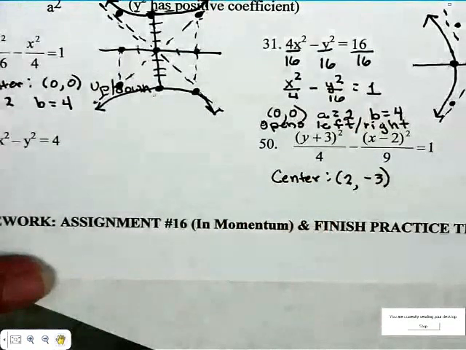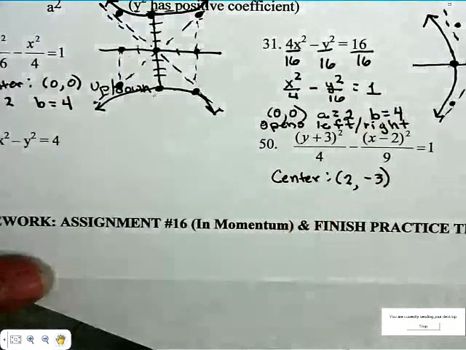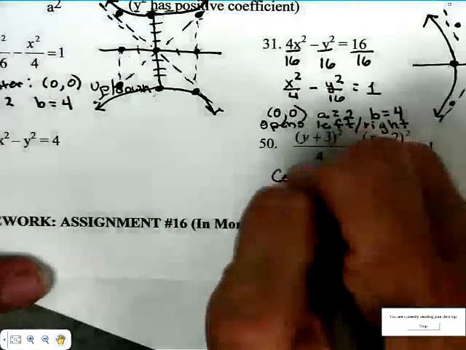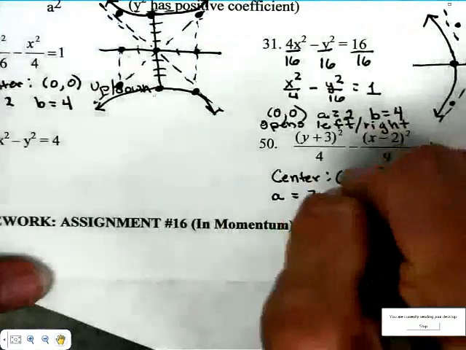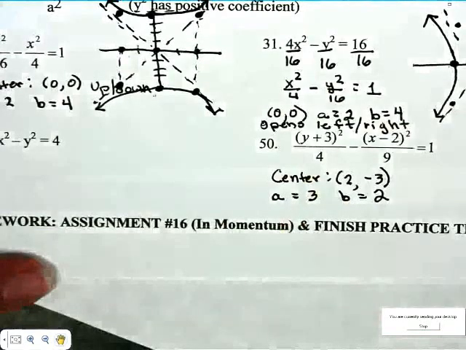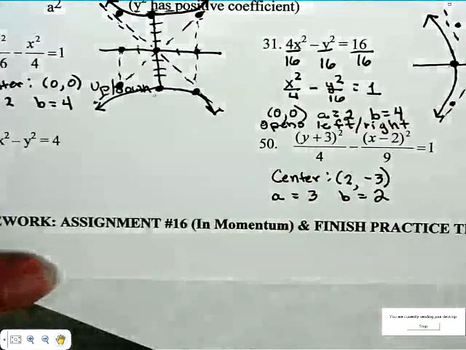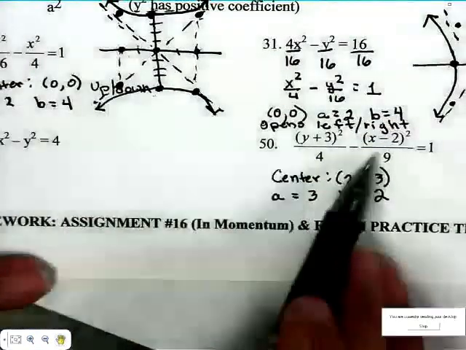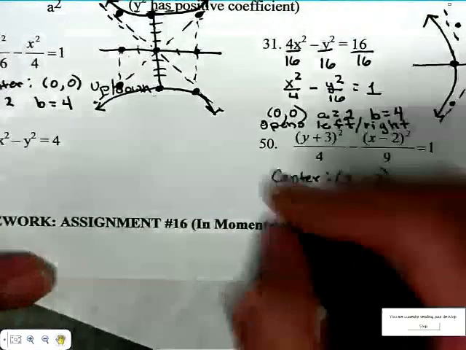A's always the square root of what's under the x's, so A is 3 and B is 2, and this hyperbola opens how? The y squared had the positive coefficient, the x squared had the negative coefficient, so it opens up and down.